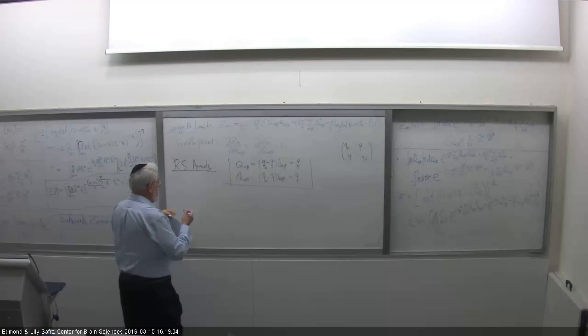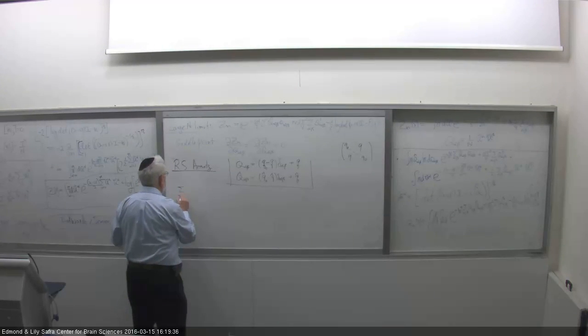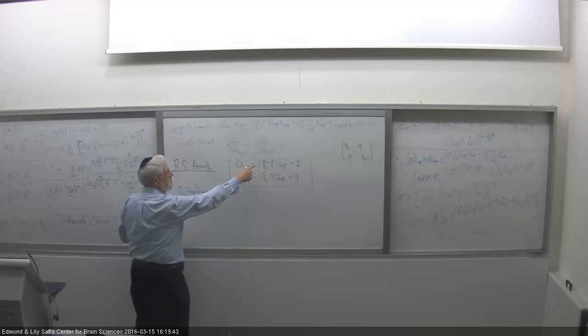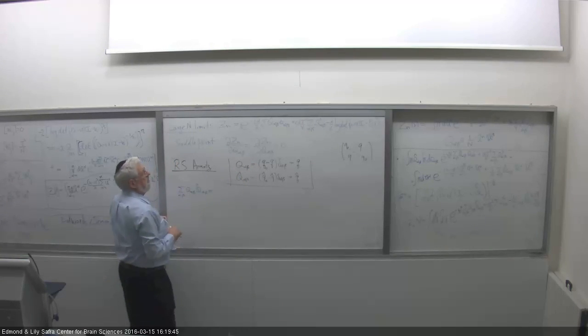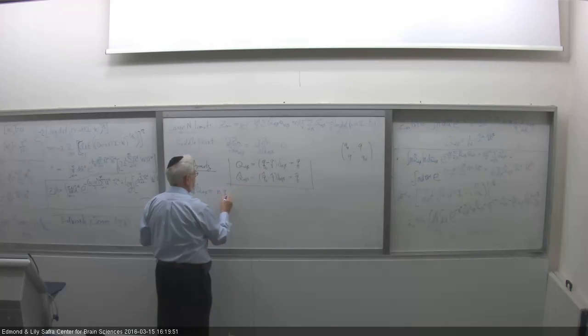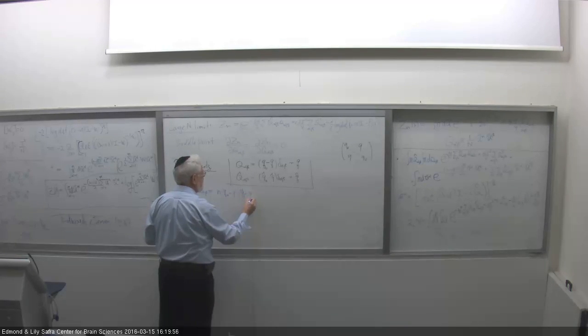For instance, let's look at the sum over alpha beta of Q alpha beta Q hat alpha beta. If I plug it inside, I'll get the product of this times n, so I'll get n times Q0 minus Q times Q0 hat minus Q hat.